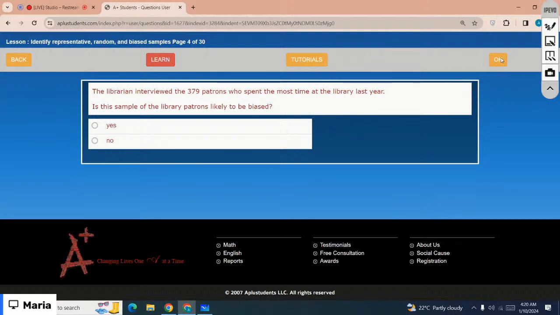Okay, the next one is: the librarian interviewed the 379 patrons who spent the most time at the library last year. So, is the sample of the library patrons likely to be biased? Yes or no? Which is the correct option?